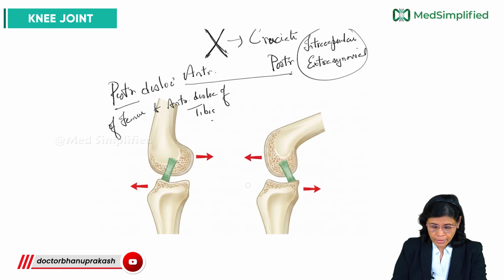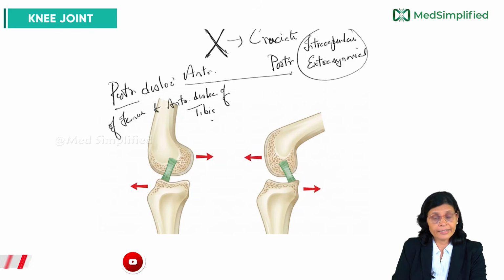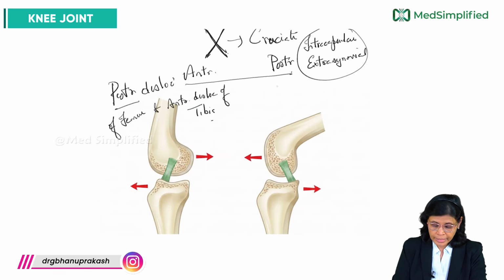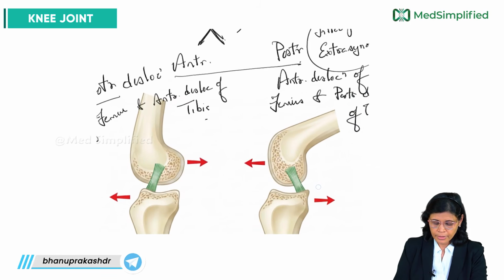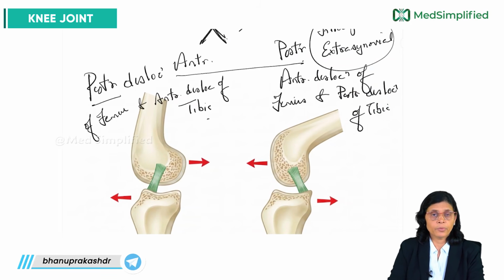Whereas the posterior cruciate ligament does just the opposite. It prevents the anterior dislocation of femur and posterior dislocation of tibia. So this is the important thing which you should remember about the cruciate ligaments.